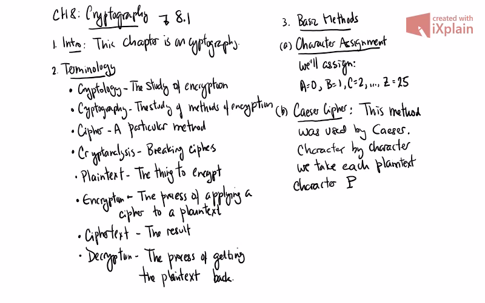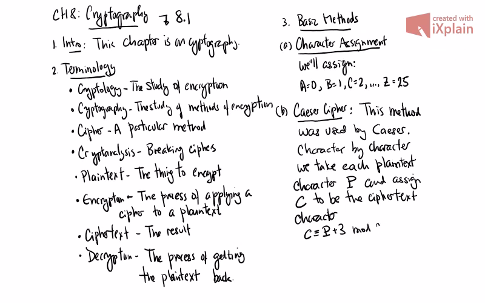So we take each plain text character and we assign C to be the ciphertext character. C is congruent to P plus 3 mod 26.